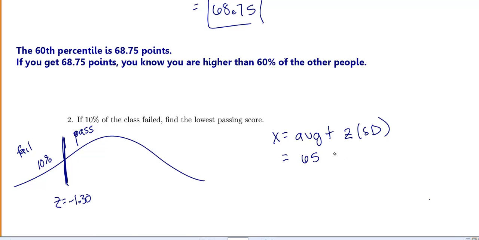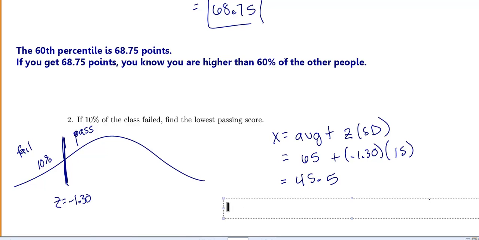Our average is 65 plus z, which is negative 1.30, times the standard deviation of 15, which is 45.5. So you need at least 45.5 points to pass the exam.